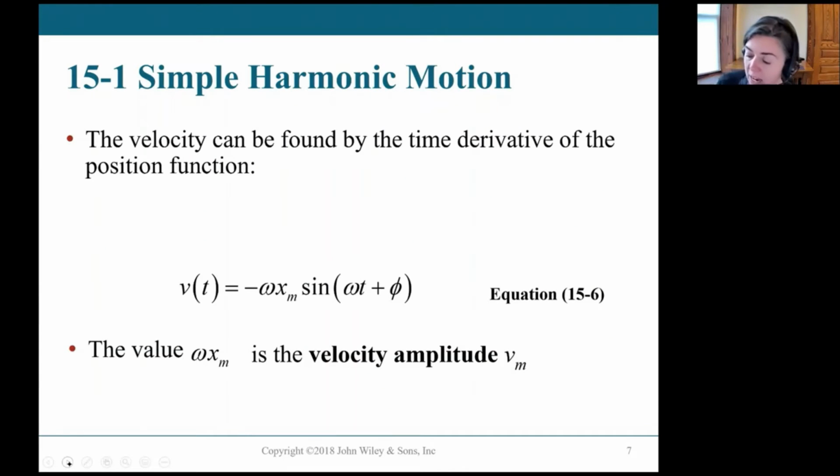Now, when we have this function, x of t equals xm cos(omega t plus phi), we can take time derivatives to figure out what the velocity and the acceleration are. So let's take a first time derivative.